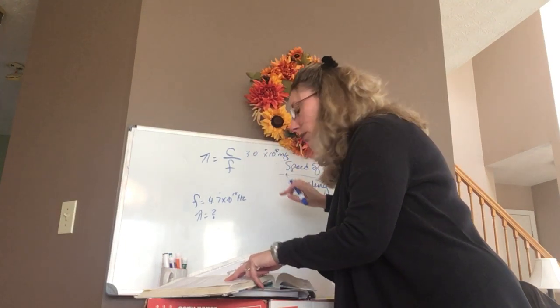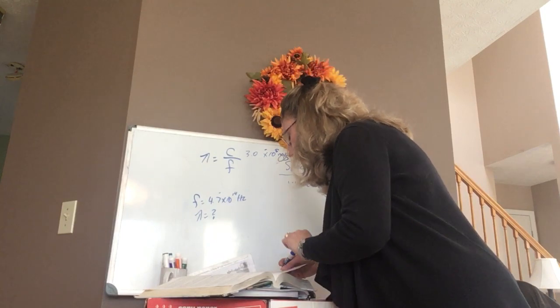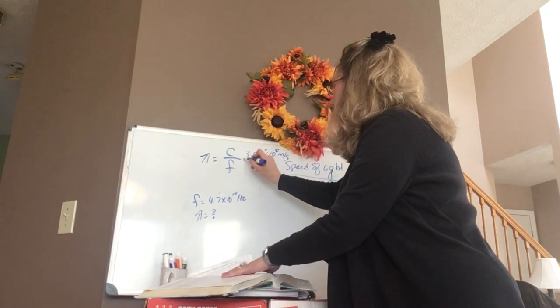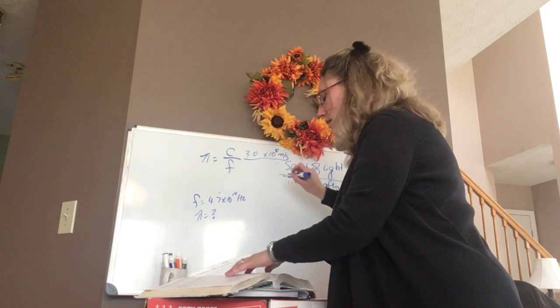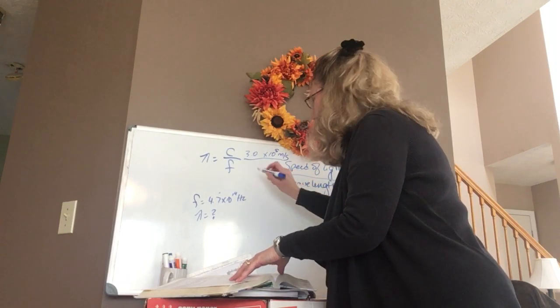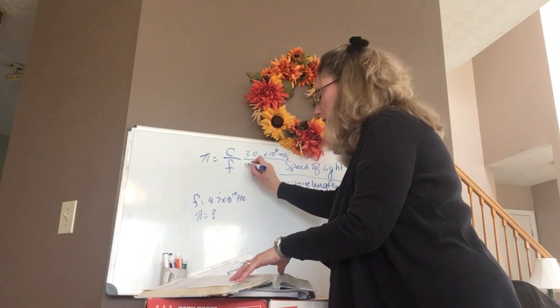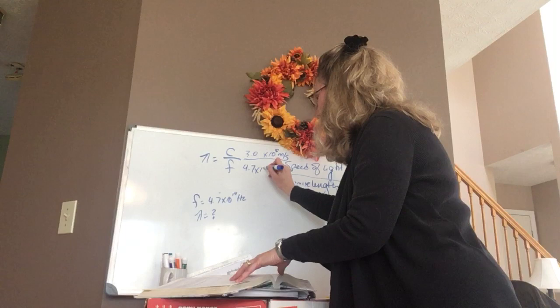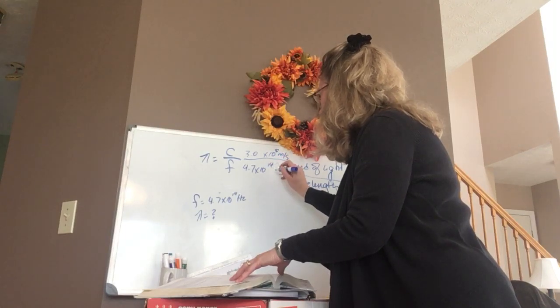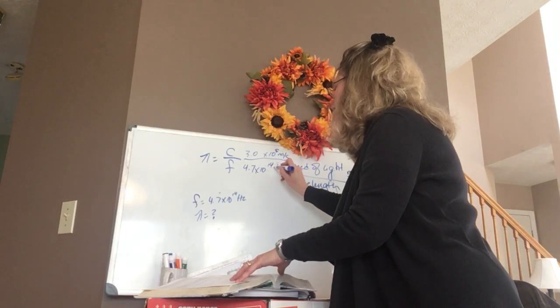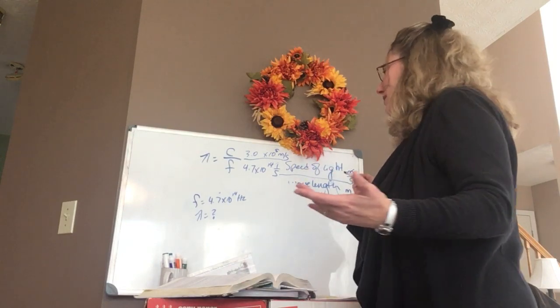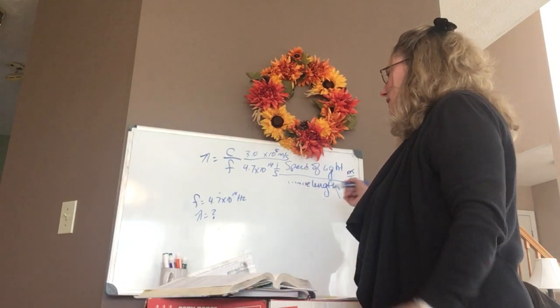They only gave me 3.0 at this one. All right, 3.0 times 10 to the 8th. And then my frequency is 4.7 times 10 to the 14th hertz, which is 1 over second. I like to write 1 over second just so my units cancel.